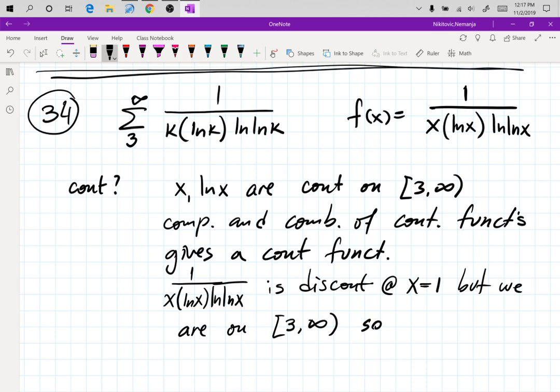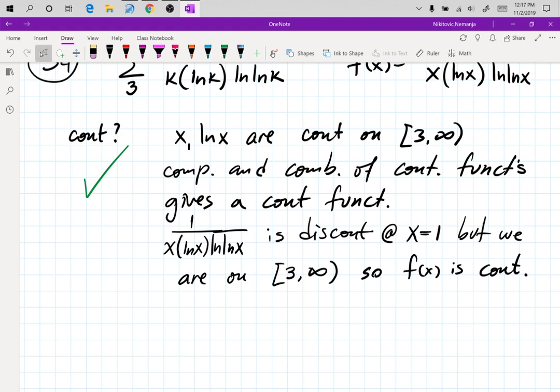So f of x is continuous because the bad point 1 is not included. Bad point is also 0, right? So you see the bad point is at 0 and at 1, yeah. And neither of those are included, so continuity is good. So we showed continuity using calculus.